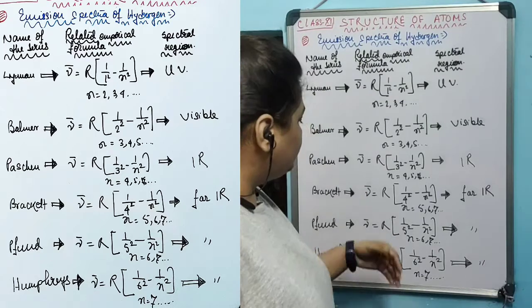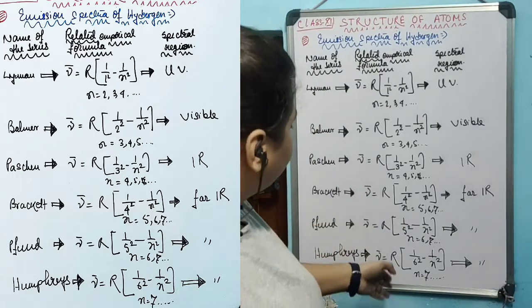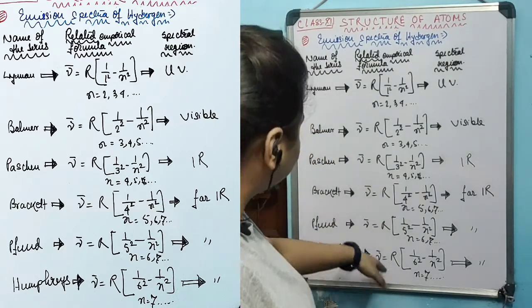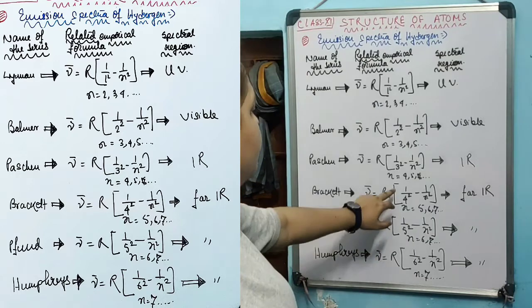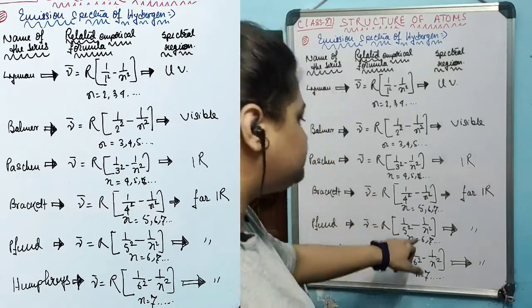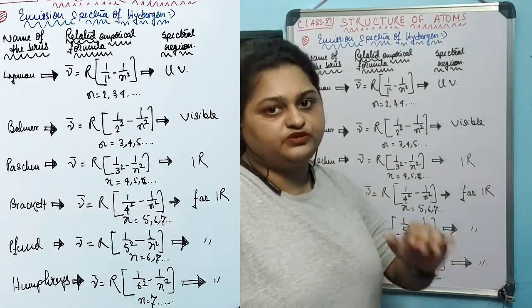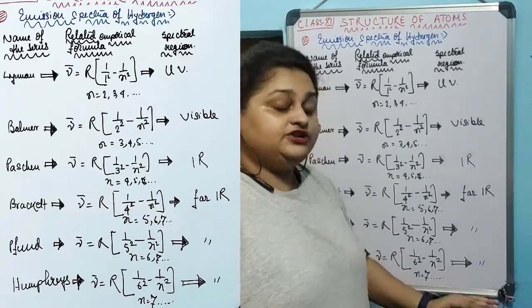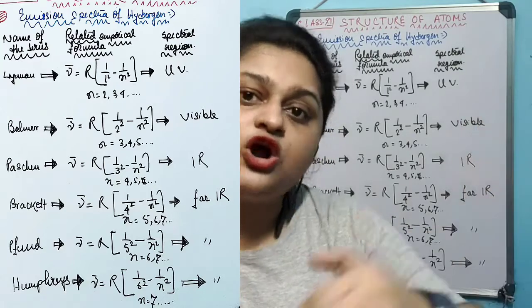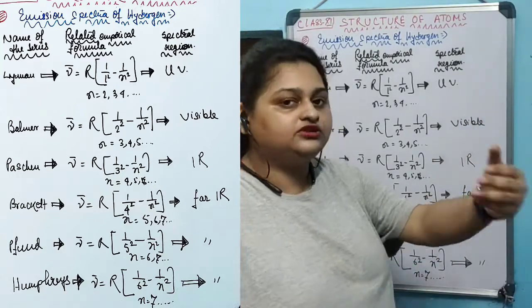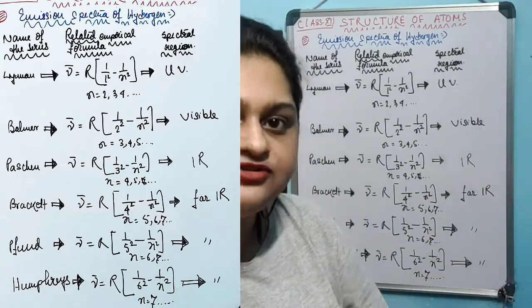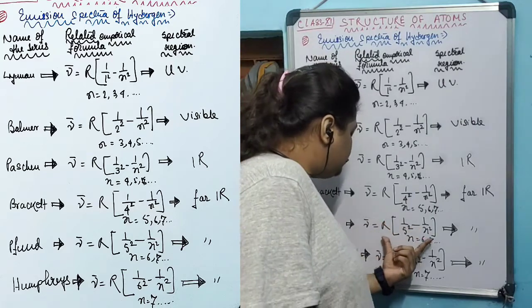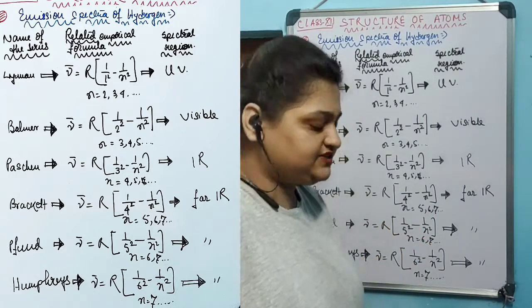Pfund found another series which corresponds to the empirical formula nu bar equals R into 1 by 5 square minus 1 by n square. So the base value for the Pfund series is 5, and you put 6, 7 and so on to get the first, second, third and fourth spectral lines of the Pfund series.